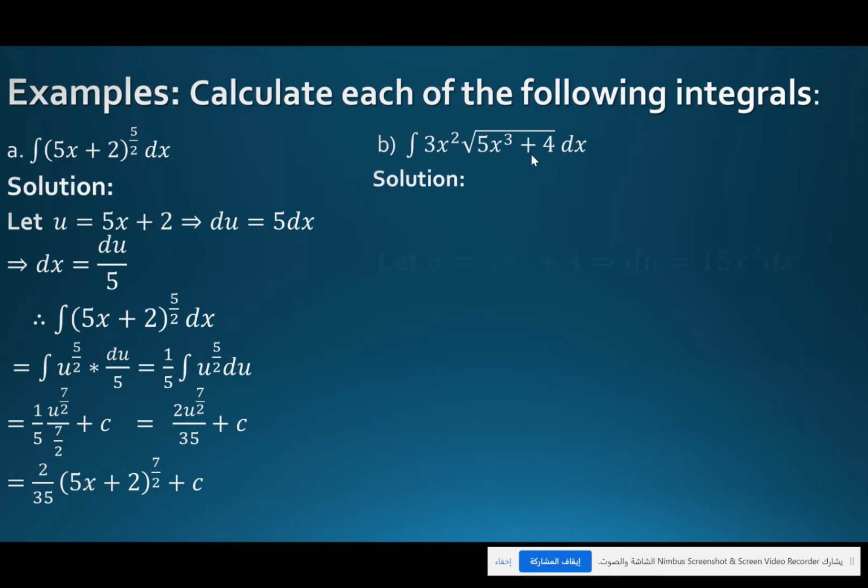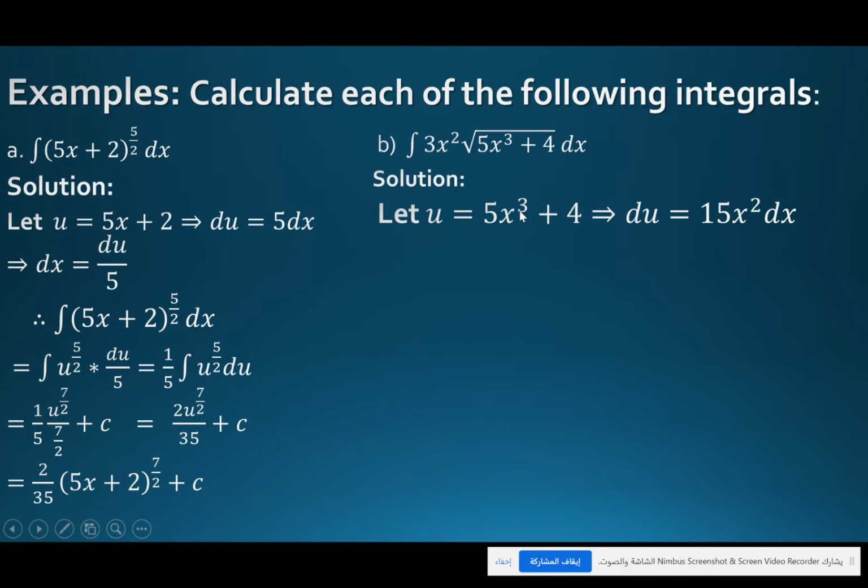So you are going to start from here: let u equal 5x cubed plus 4. Take only what is inside the root, wherever the root is. Now you are going to derive each side separately. Derive the left side. The derivative of u is du.